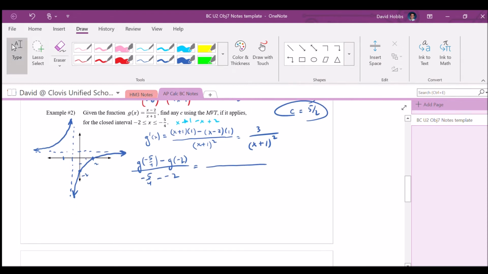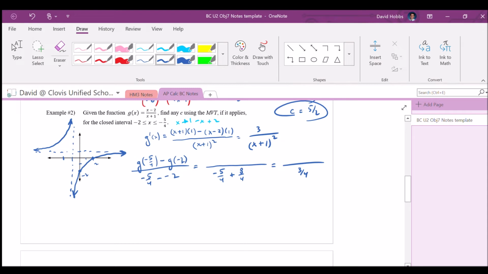Maybe the hardest part of this problem is just calculating all this. So -5/4 minus a -2 is -5/4 plus 2, so it's -5/4 plus 8/4, which is 3/4.